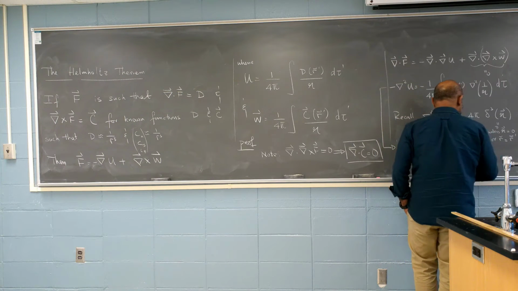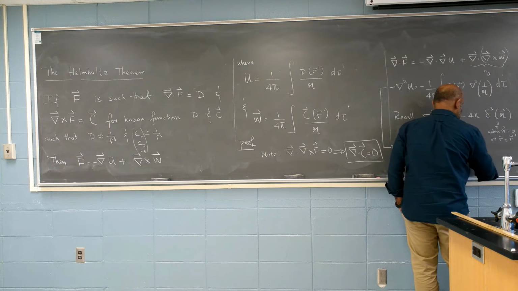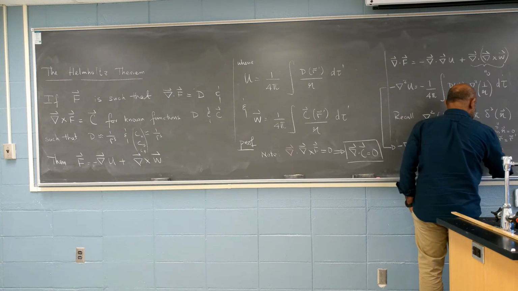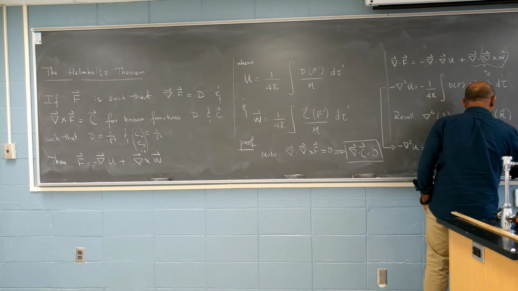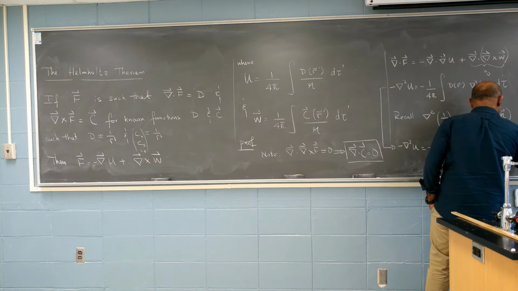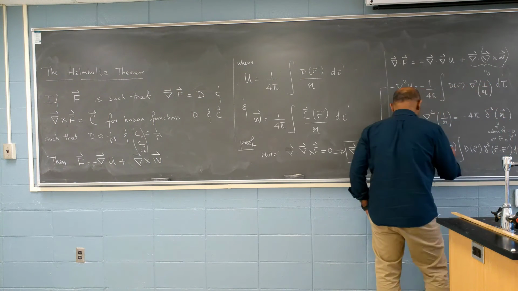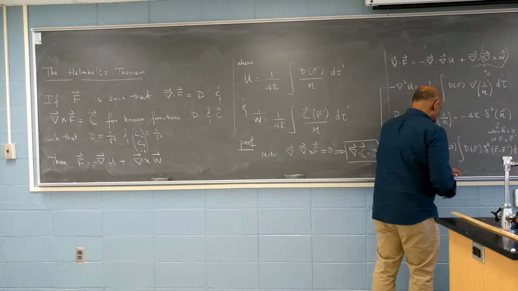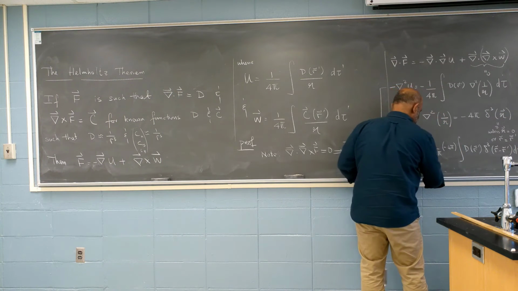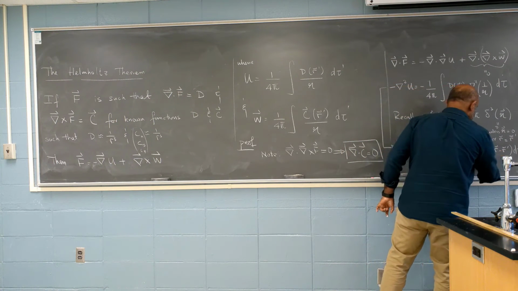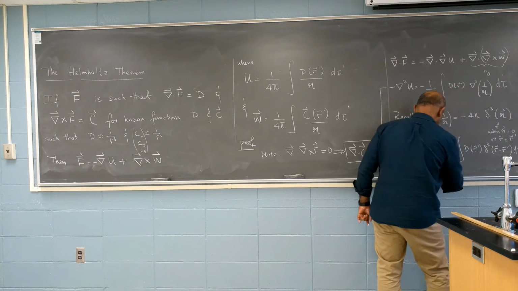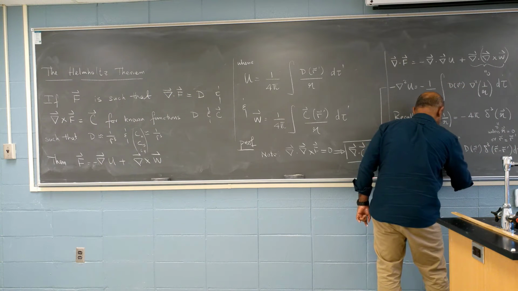This problem couldn't be easier. Delta cubed r minus r prime d tau prime. Well, the negative 4 pi's cancel, and you'll get the function evaluated at r, d of r.